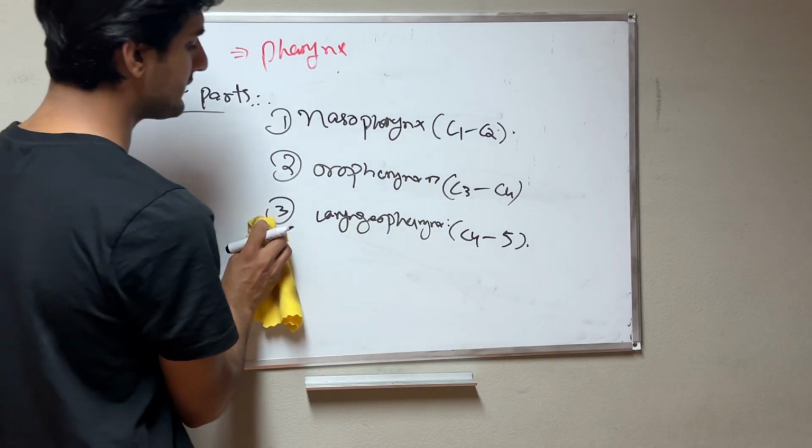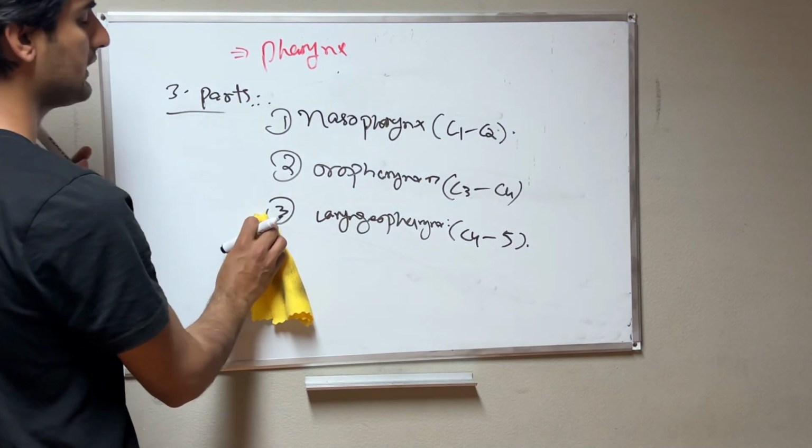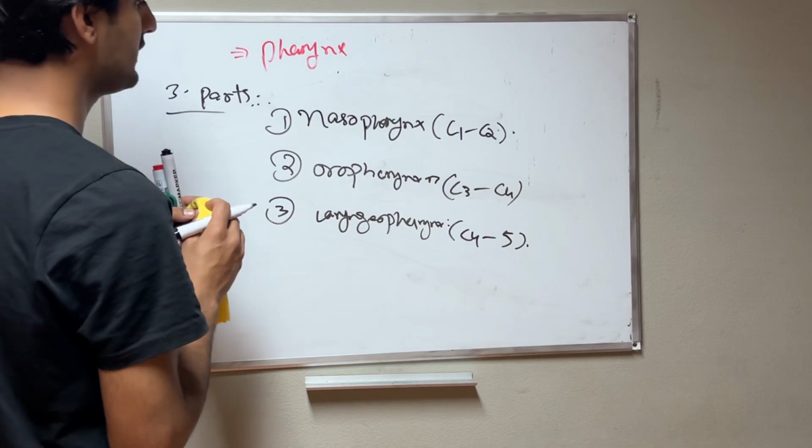Okay, these are the three parts. We will talk about the nasopharynx, oropharynx, and laryngopharynx.